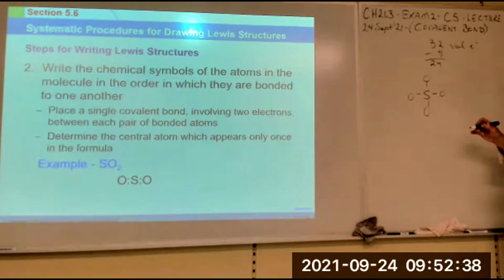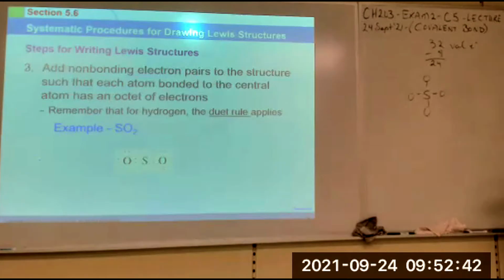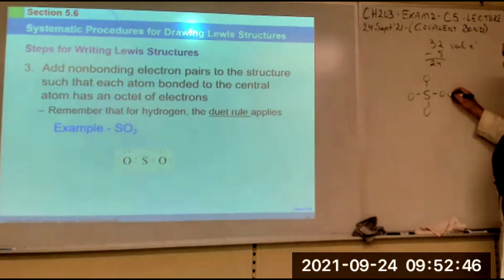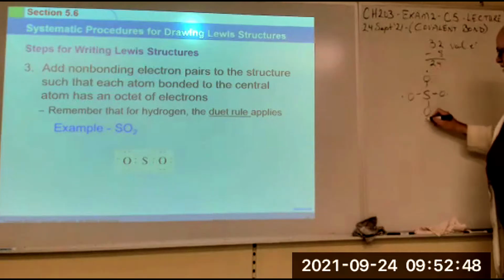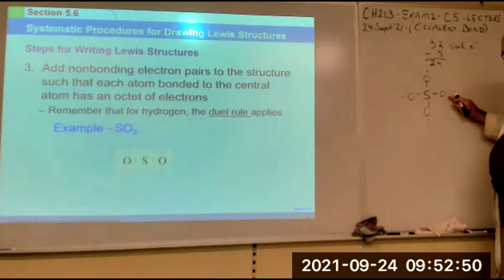Now you start from the outside and work your way in, placing your electrons. 1, 2, 3, 4, 5. Oops.